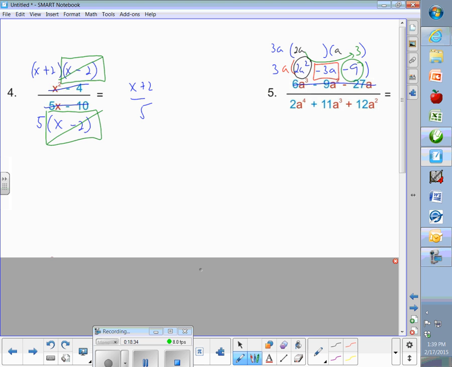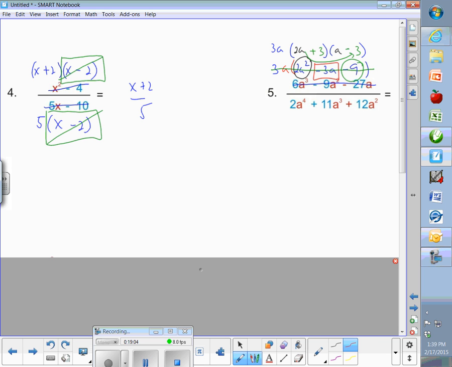That's a 6a. So what if I had a negative 6a and a positive 3a? Won't that give me a negative 3a in the middle? It will. And that is the factoring of that. So the top is now 3a times the quantity 2a plus 3 times the quantity a minus 3. That's your top.